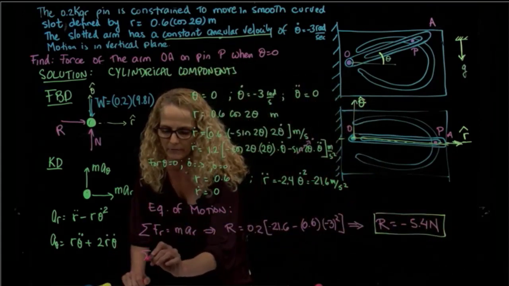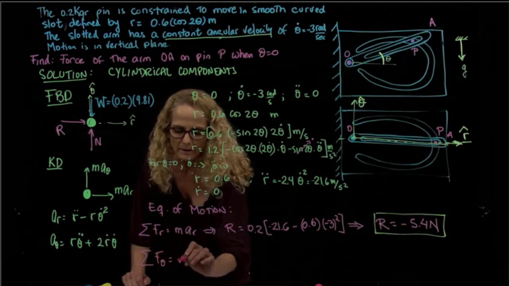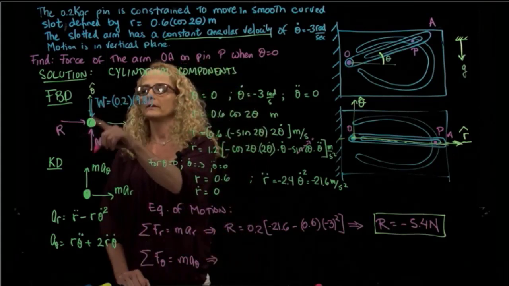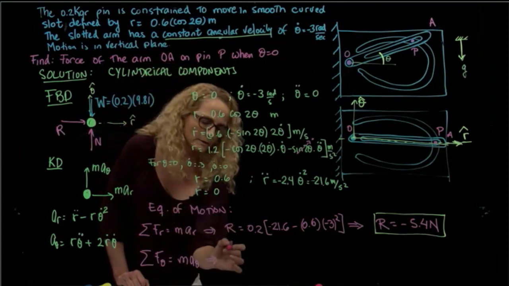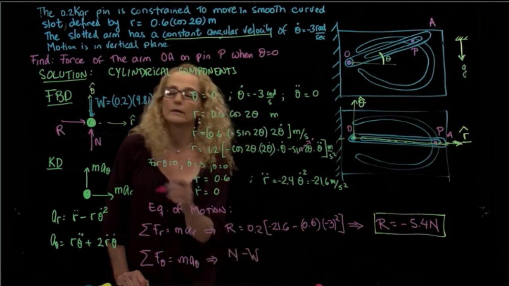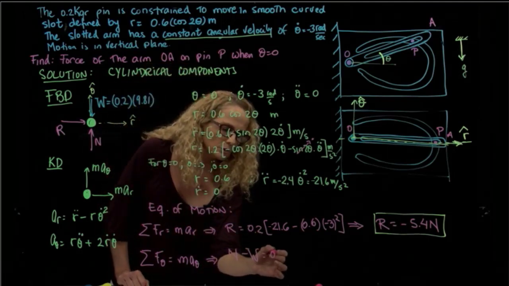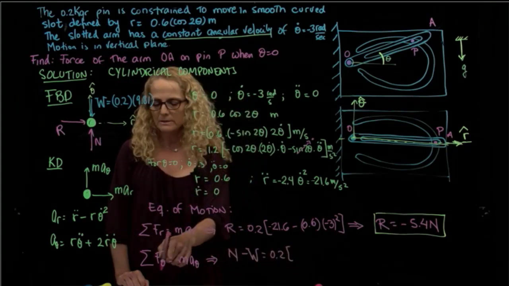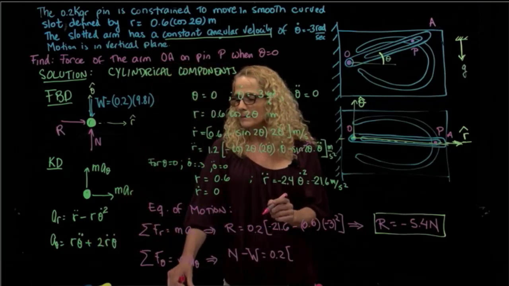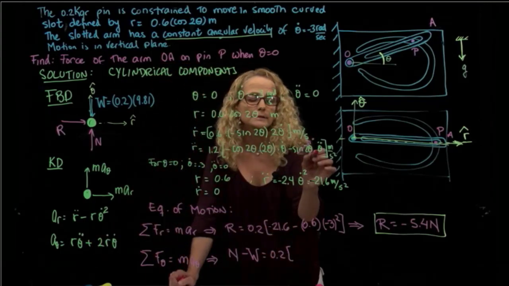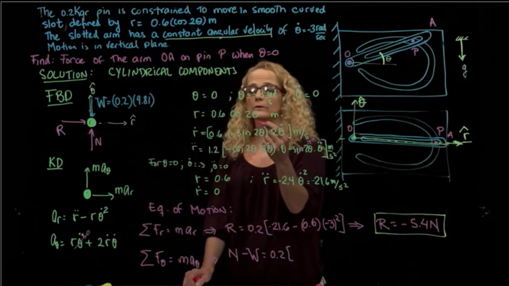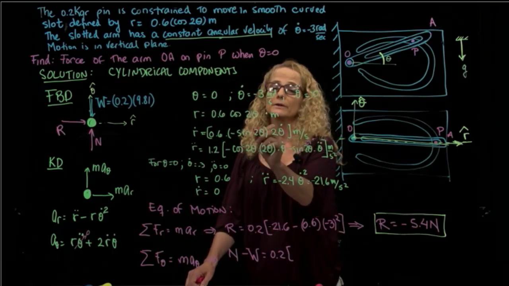And if I add forces in θ, that will be m a_θ. We go to our free body diagram, and we see that we have N going in the positive direction minus W in the negative direction, equal to 0.2, which is my mass, times the acceleration in θ. In the acceleration in θ, θ double dot is equal to 0, and r dot is 0 because it's multiplied by sine.